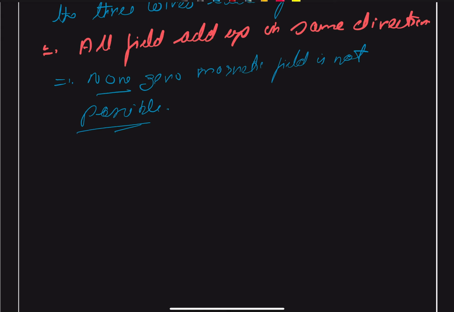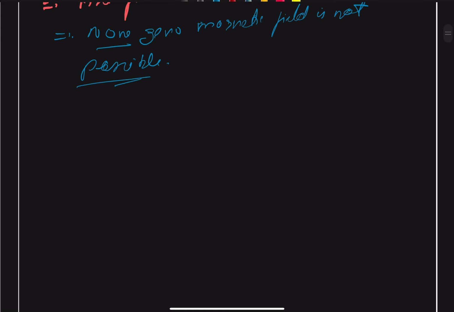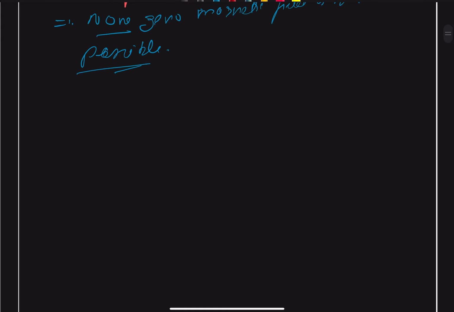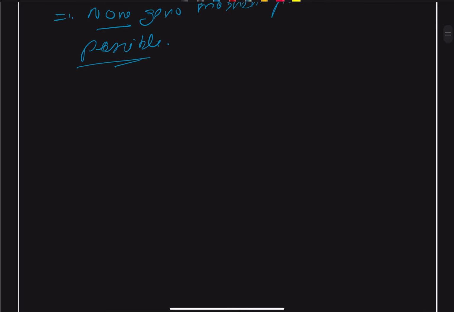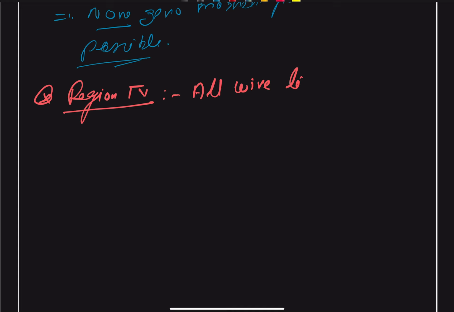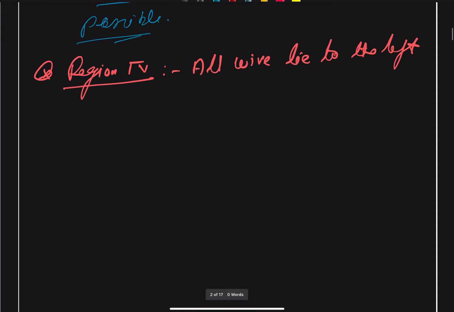Now we come to our region 4. And for region 4, all wires lie to the left of the point.